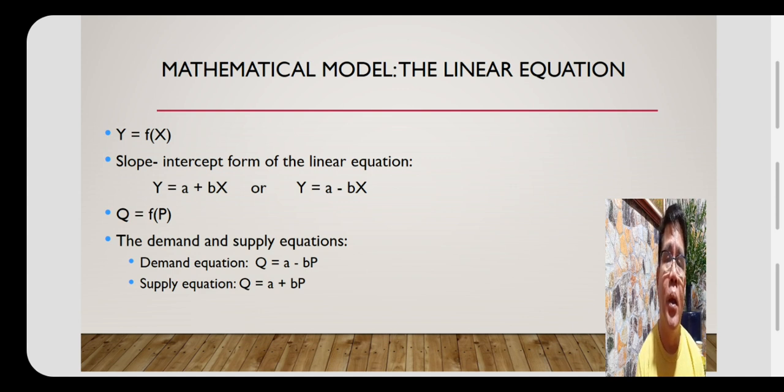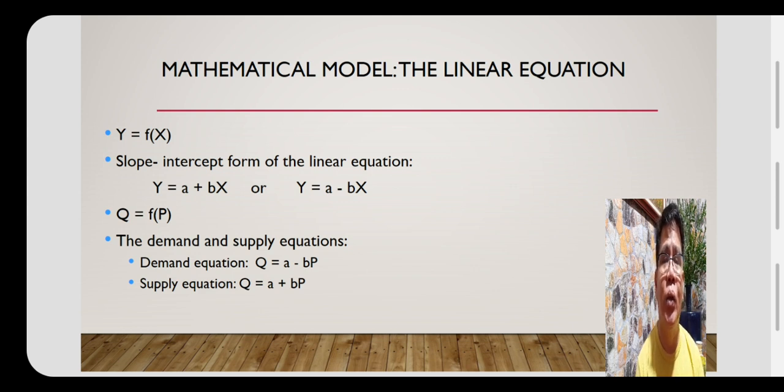So here the equation stated as y equals a plus b times x, or y is equal to a plus bx, is a linear equation expressed in slope-intercept form.